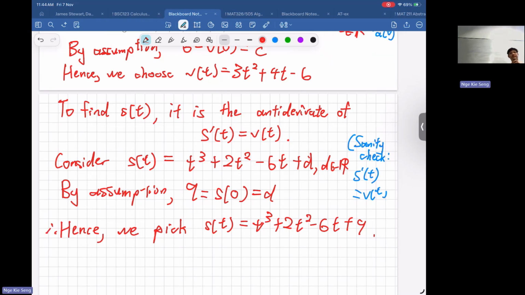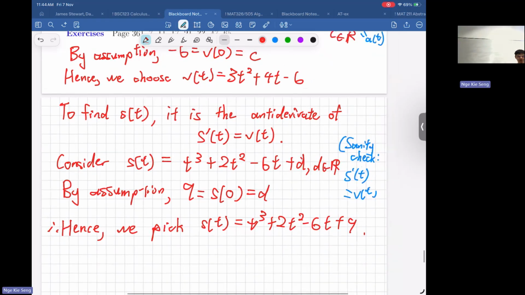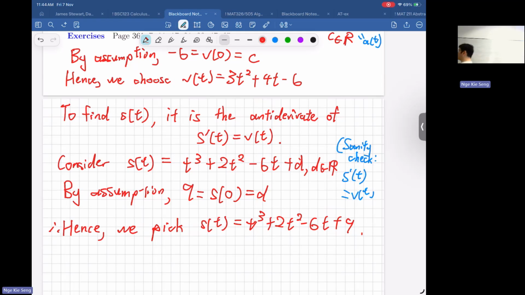So this is your final answer. Your particle moves using this polynomial. When you put t equals 0, your particle really starts at 9, and then moves like this polynomial of degree 3, which is a cubic.